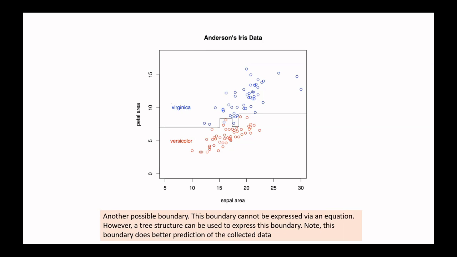And with this, I am able to reduce the errors. I can see that with this boundary, only 1 blue point is getting misclassified. Everything else is working nicely.